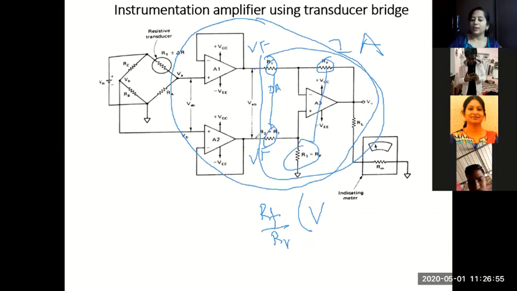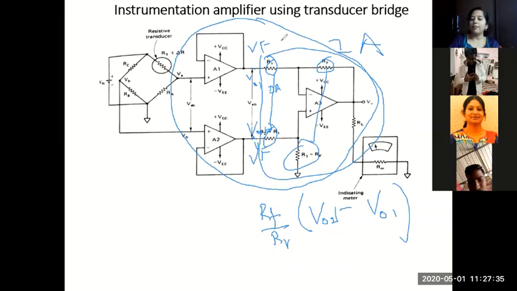Whatever is the voltage which is connected here, if I call this voltage as VO2, for example, and this as VO1, output of op-amp 1, I'll get the final output V0 is VO2 minus VO1, where VO2 is the output of this stage and VO1 is the output of A1 stage. So you have the input to the differential stage as VO2 and VO1.